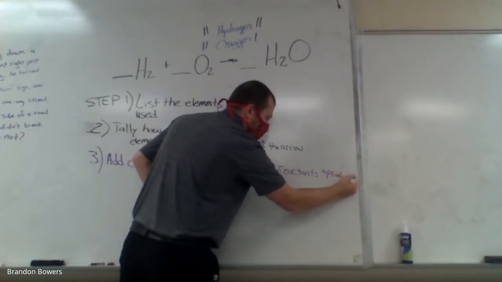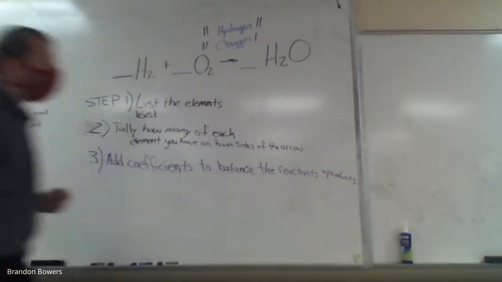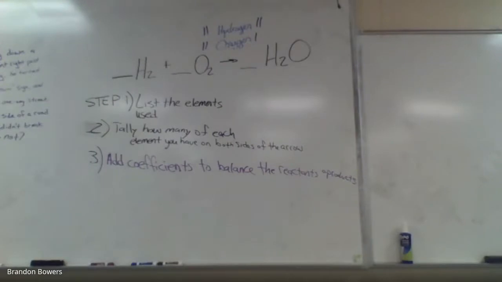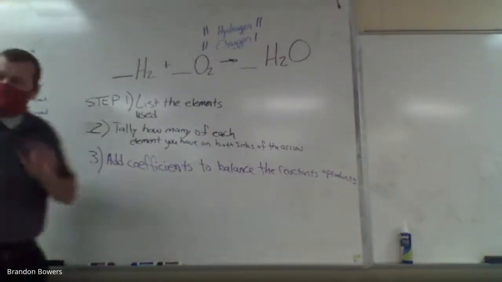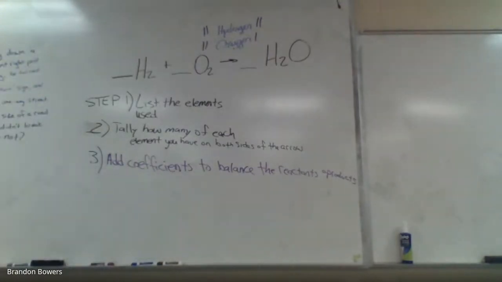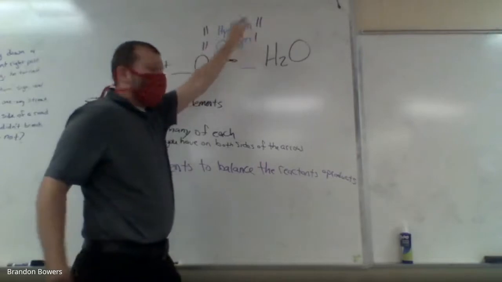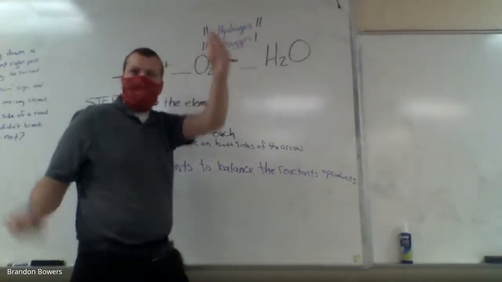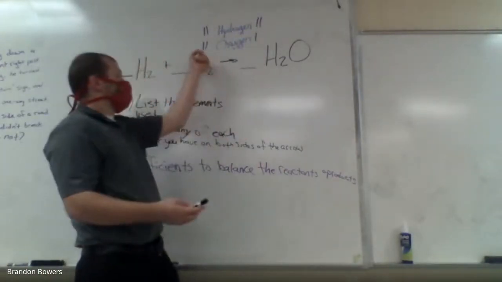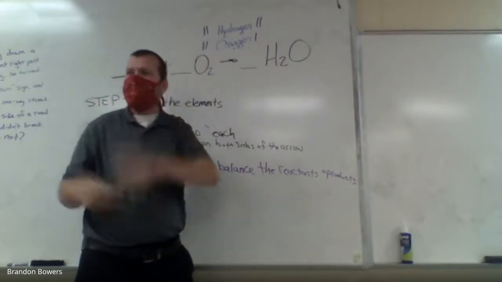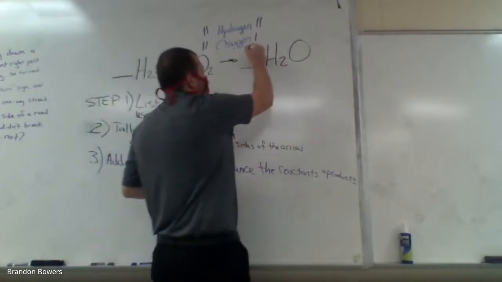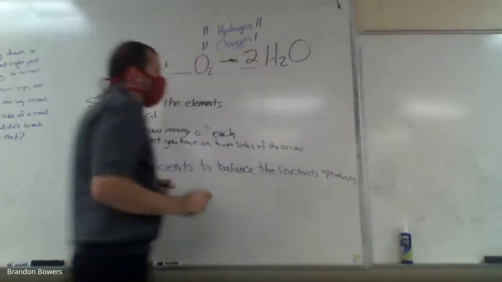When you add a coefficient, it affects everything that follows that number. For example, my oxygen, I only have 1 over here. So what times 1 equals 2? 2, right? We're doing pretty simple math. So I'm going to put a big 2 there.